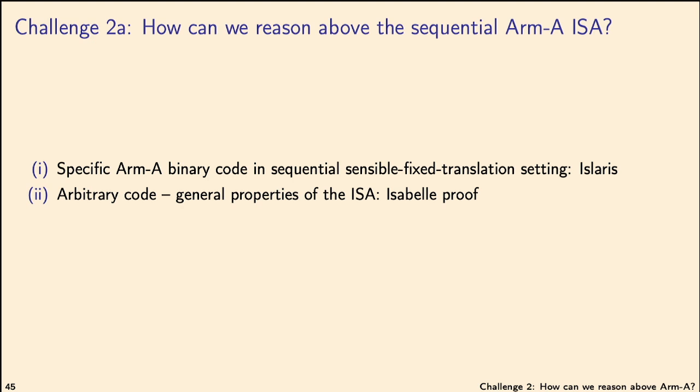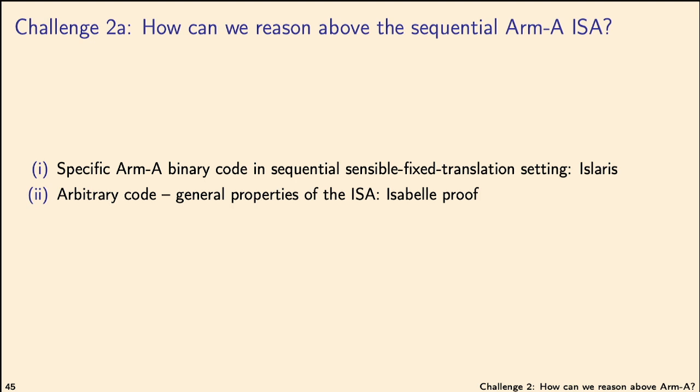And can you reason about that just in a sequential, sensible fixed translation setting? Well, maybe you could do that just straight above the definition in a prover, if you were very strong and much cleverer than I am. But all that complexity in the instructions really gets in the way, right?